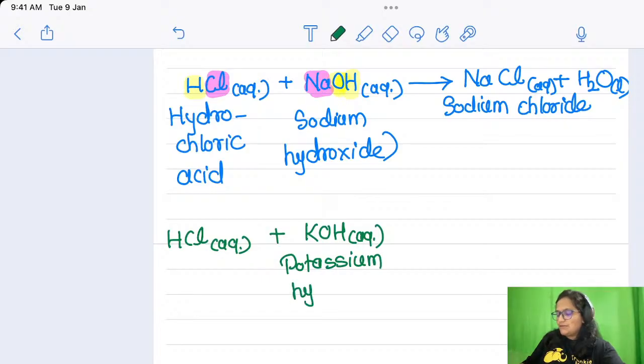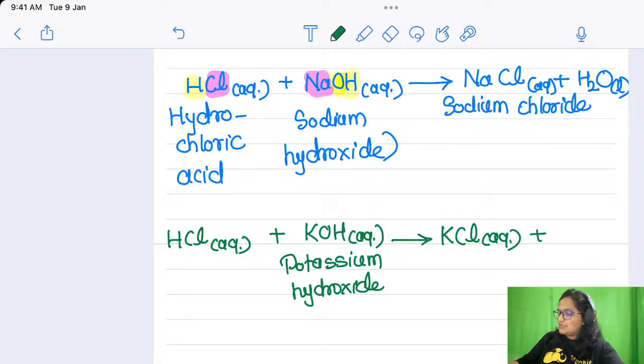So we will get KCl plus H2O. Same reaction, just replace Na by K. This is potassium chloride.